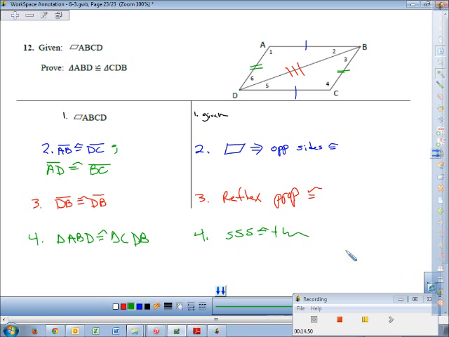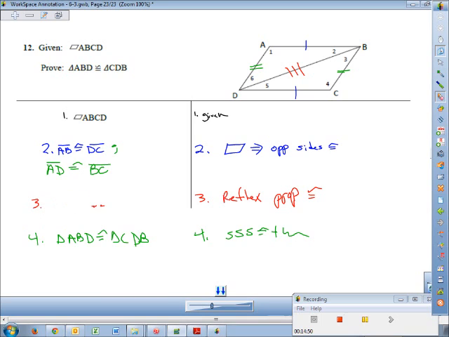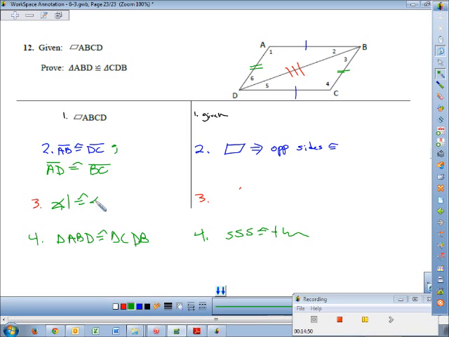I can tell you that proving two triangles congruent isn't going to go away for a while. All right, we're still going to do it. Question for you. Could I have done this? Angle 1 congruent to angle 4. Could I do that? Give me a reason why angle 1 is congruent to angle 4.